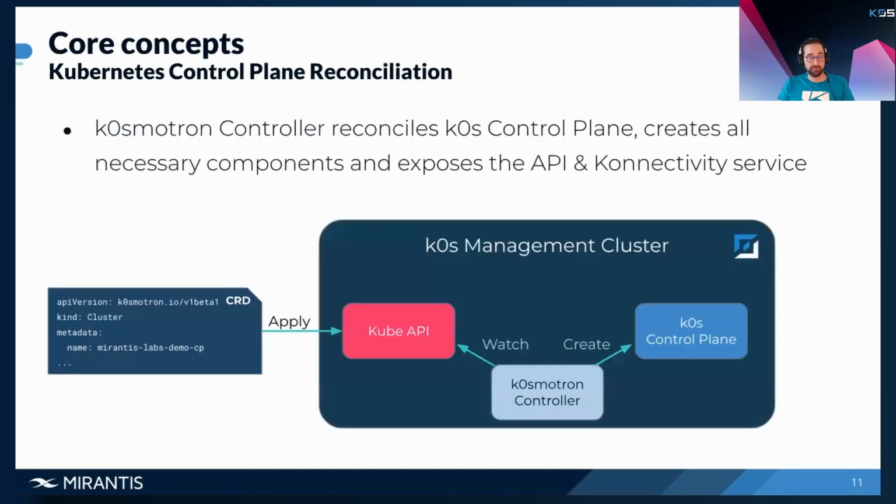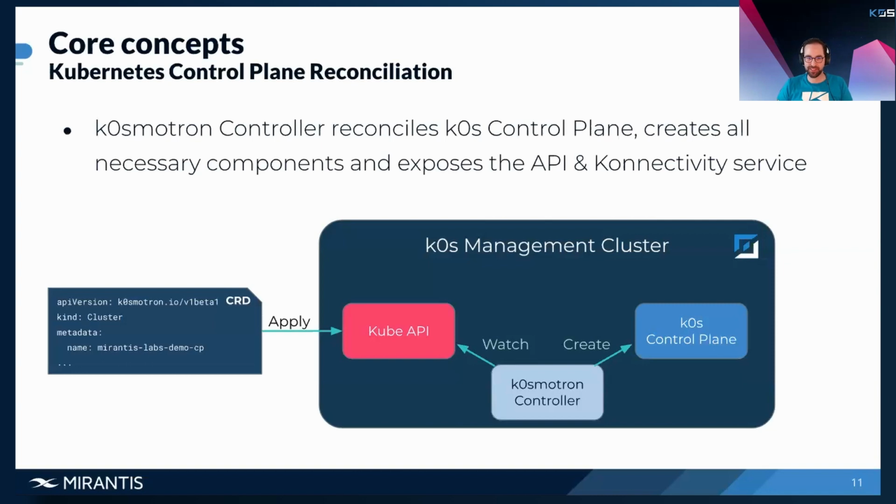So I've mentioned earlier that the k0smotron controller will do reconciliation. It will look into those CRDs as soon as they are applied, create all necessary components, and expose the Kubernetes API and connectivity service.